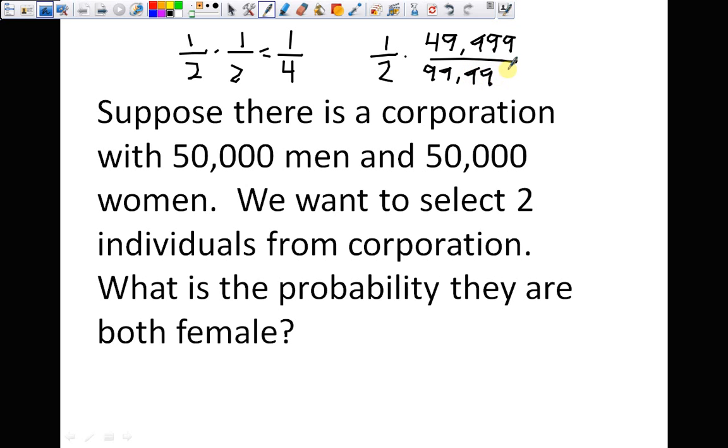So you may be able to see already, before we put this in the calculator, why it doesn't make a big difference. Because we're working with a large population, our population is 100,000 people, this probability is going to be very close to 1/2. So that means this probability is going to be close to 1/4. So let's illustrate that.